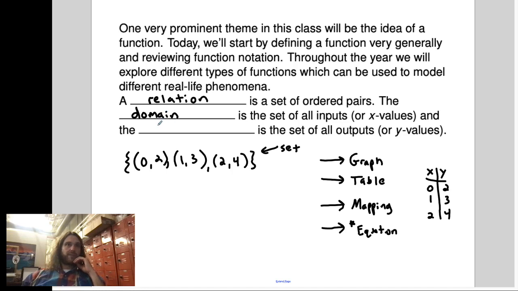It's all the inputs. And then the hat with all the y values is called the range. So the domain is all our x values. The range is all of our y values. All right, and we'll talk about that with this specific example in just a minute.